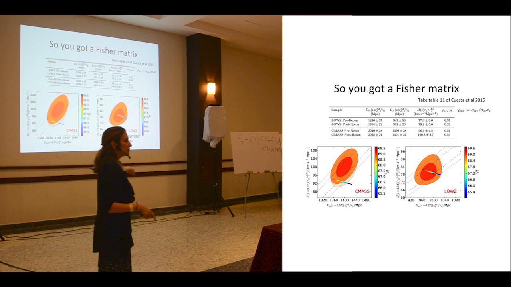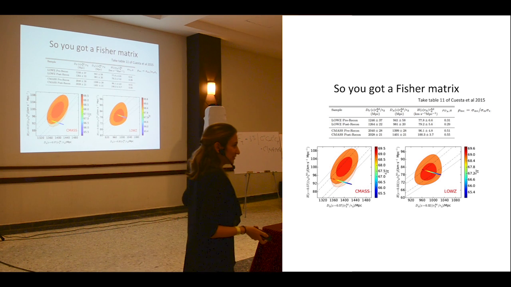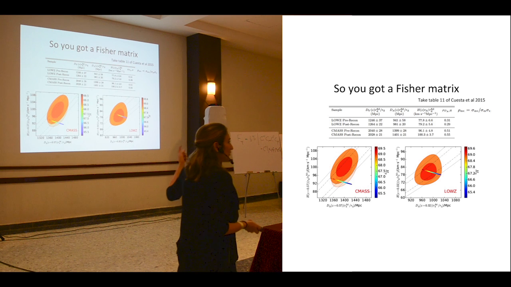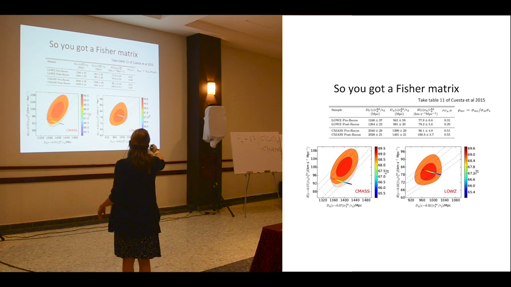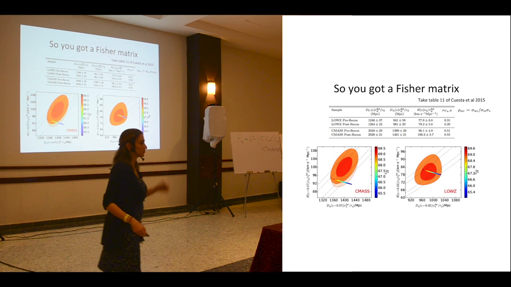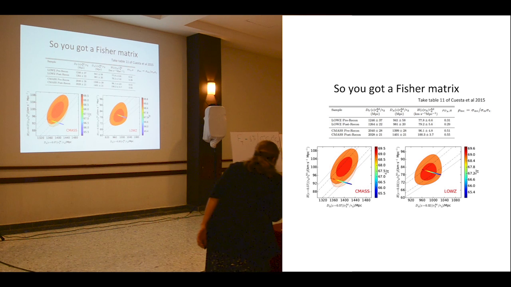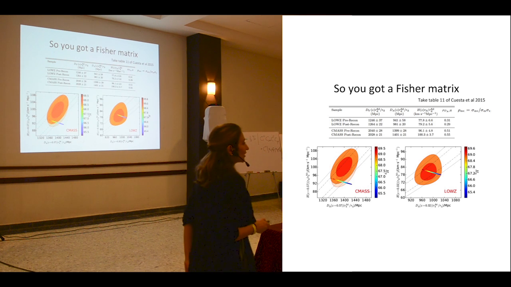You have all the information to write a Fisher matrix, but this is not a Fisher matrix. So what is this? This is the cross correlation between this parameter and that, divided by this times this. These are the plots that go under the table.